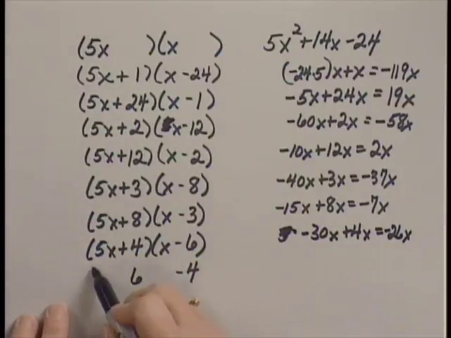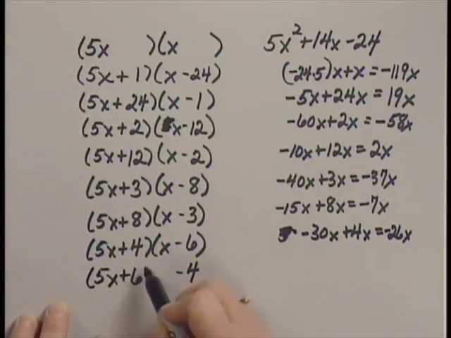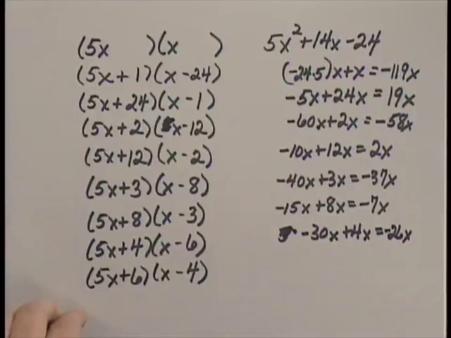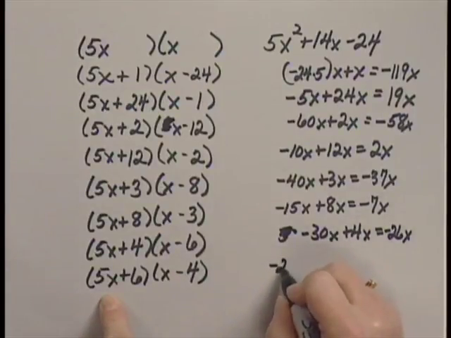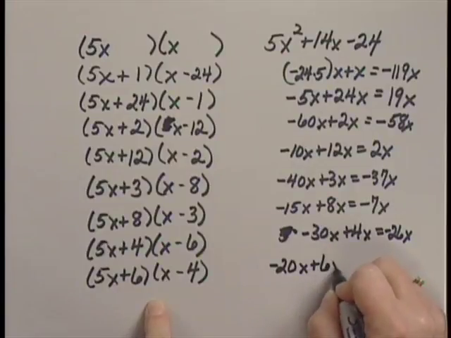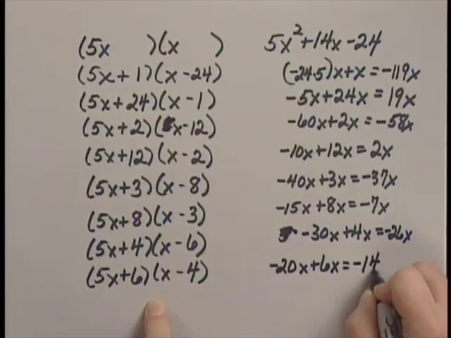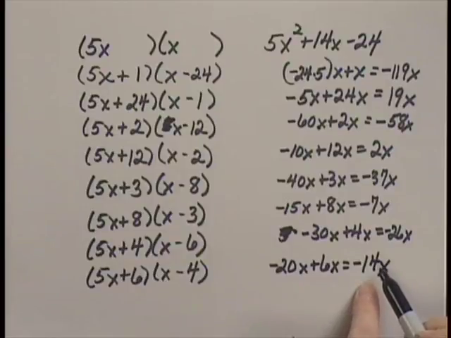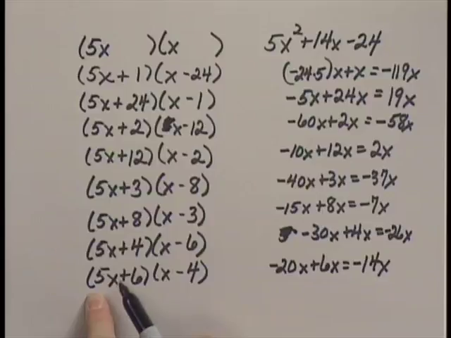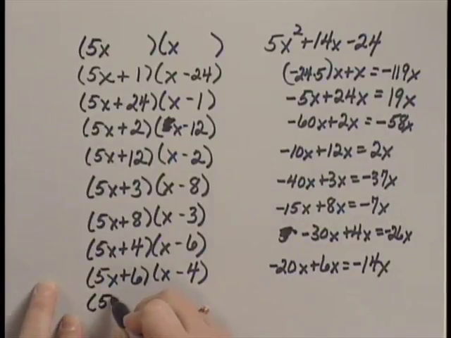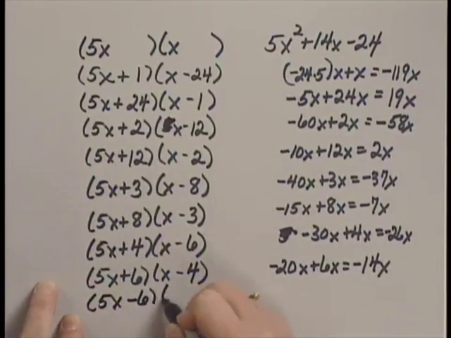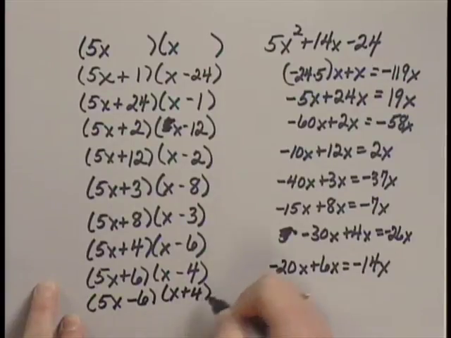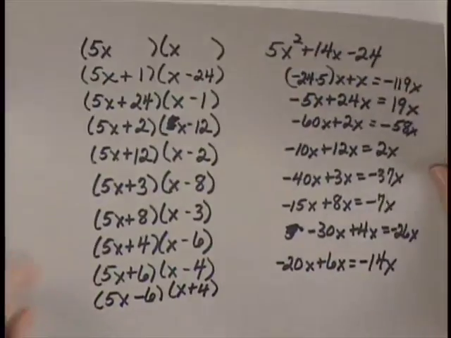I hope the last one works. 5x plus 6, x minus 4, gives me negative 20x plus 6x, which is negative 14x. It's not exactly right, but I know I've got the right one here, just about. Since 5x plus 6 times x minus 4 gives me a middle term of negative 14x, 5x minus 6 times x plus 4 should give me the right middle term.